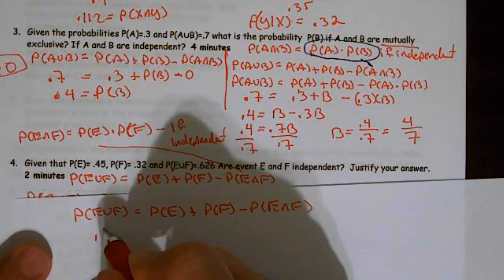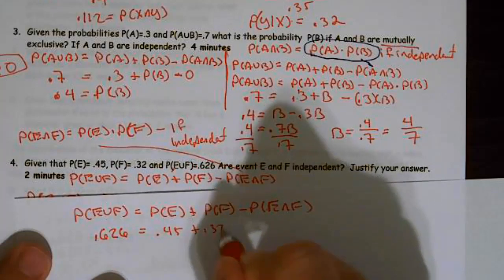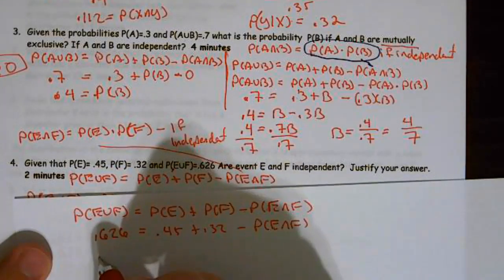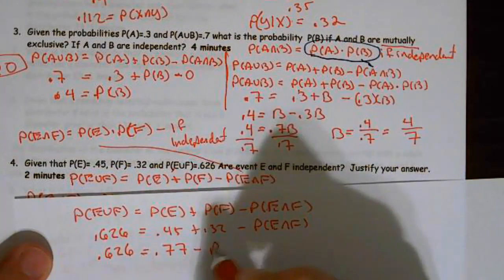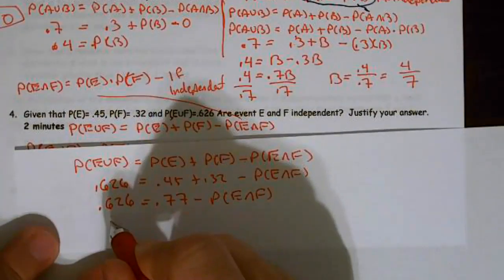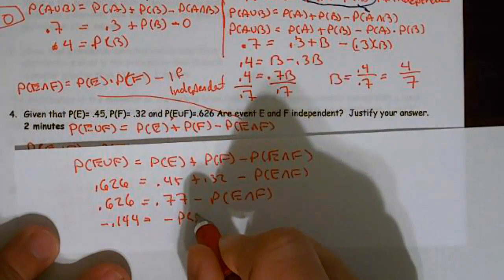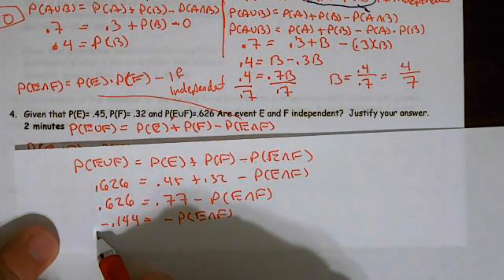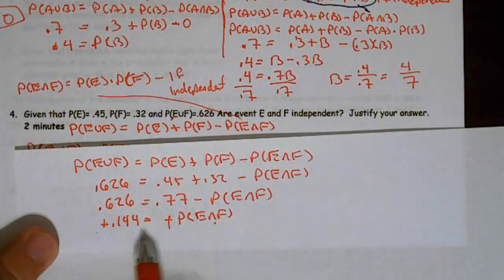And it's kind of important to be familiar with all these methods. Equals 0.45 plus 0.32 minus the probability of E and F. So 0.626 equals 0.77 minus the probability of E and F. And I solve, and I end up getting negative 0.144 equals the negative probability of E and F. So that tells me when I solved it this way, and make both sides positive, that the probability of E and F equals 0.144.